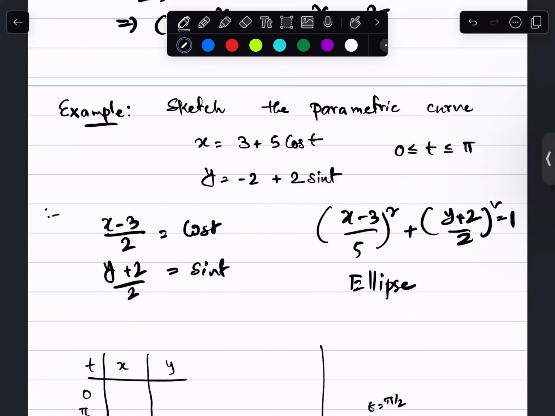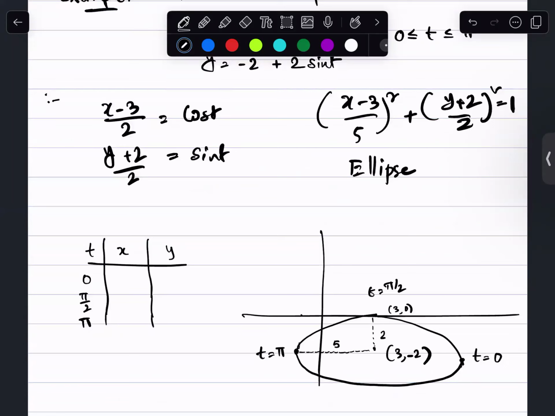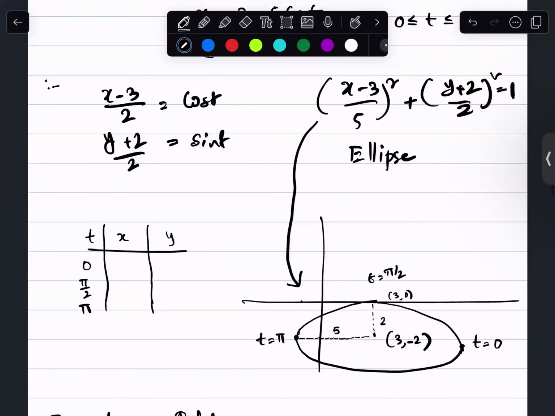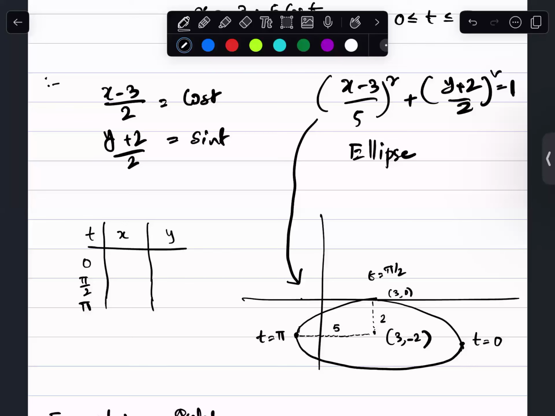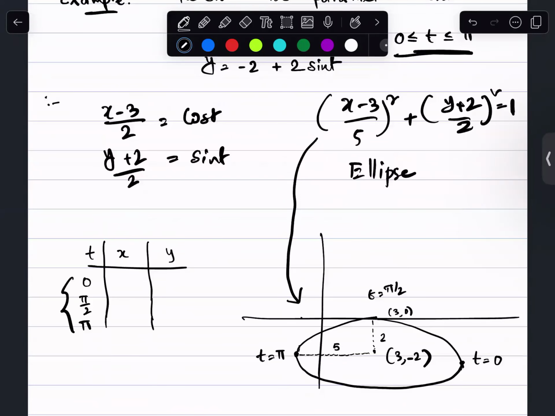Okay. So to draw the ellipse, we can draw this graph from this equation alone, but to know how the particle moves, which direction and so on, we need to consider the parametric equation as well. Remember t is varying from 0 to pi. So I'll take these three values of t to guess how the graph will look. At 0, my x and y will be 8, minus 2.